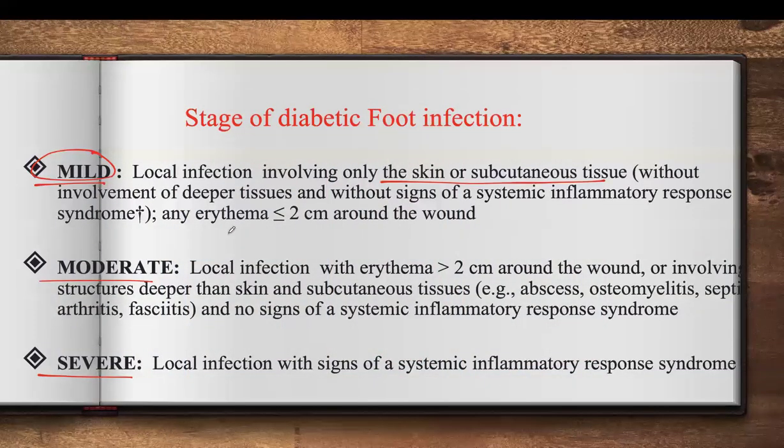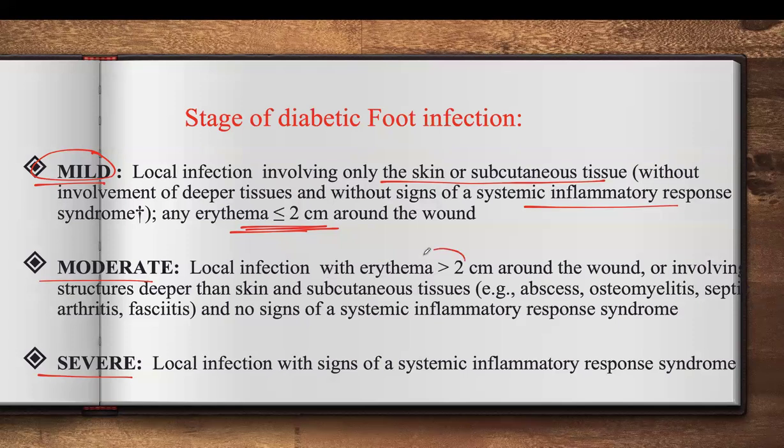If this erythema is less than 2 centimeter from the wound, and it is just involving the skin and subcutaneous tissue without involvement of the deep tissue, and there is no systemic inflammatory sign like no fever, nausea, vomiting, nothing like that, then mild is just local infection, not that deep, and the surrounding redness is less than 2 centimeter.